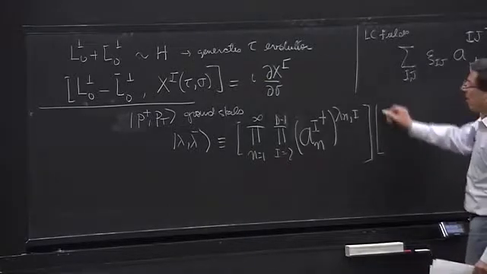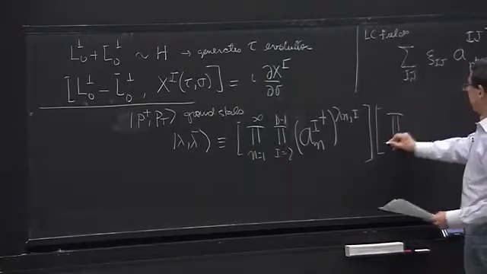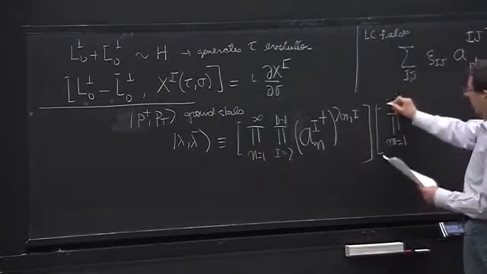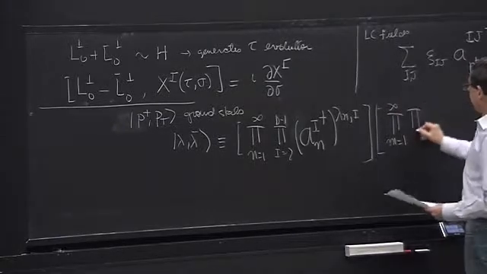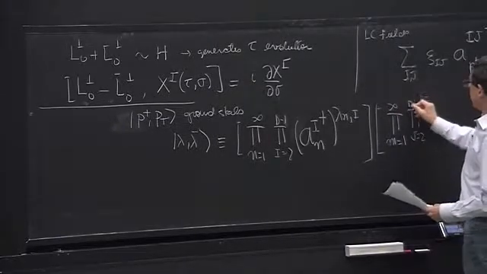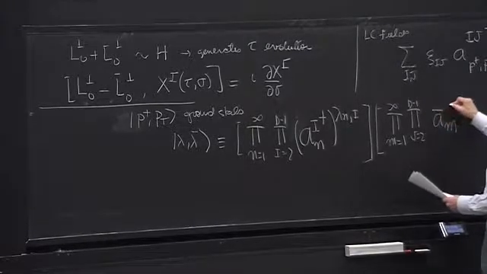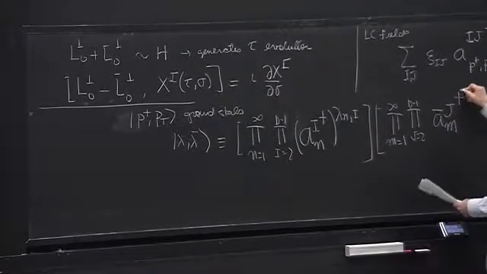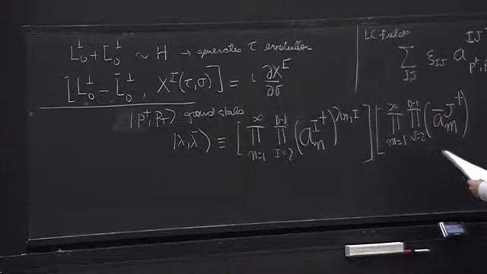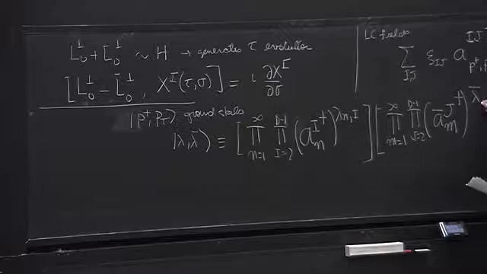Then for the bars, you have a totally analogous product: m equals 1 to infinity, j equals 2 to d minus 1, a-bar_m^j dagger to the lambda-bar_m^j, close the parentheses, and then you put p plus, p transverse.